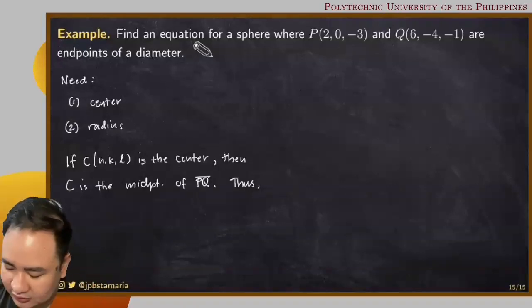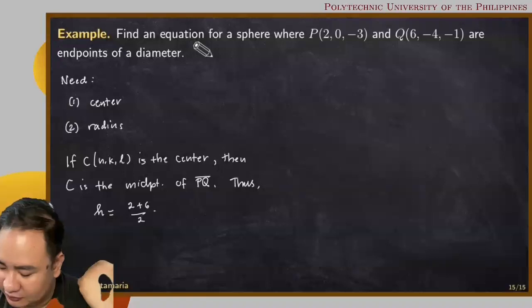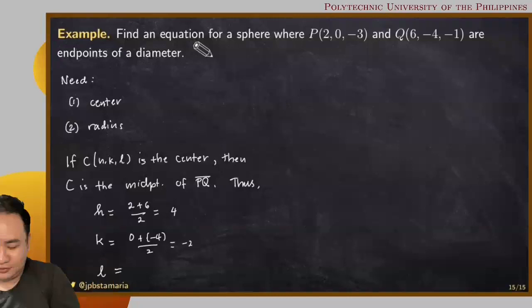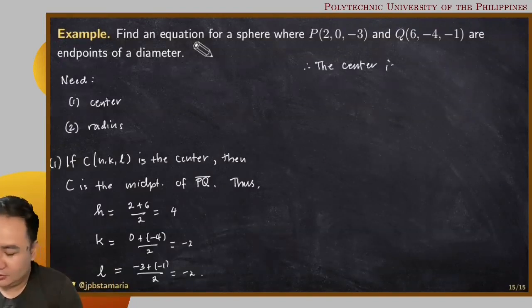Thus, H is 2 plus 6 divided by 2, that's 4. K is 0 plus negative 4 divided by 2, that's negative 2. And L is negative 3 plus negative 1 divided by 2. That's negative 2. Tama ba ako? So far. Therefore, the center is at 4, negative 2, negative 2.